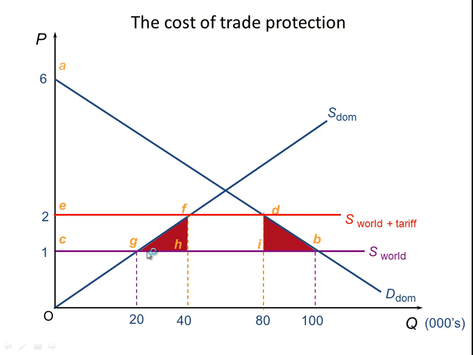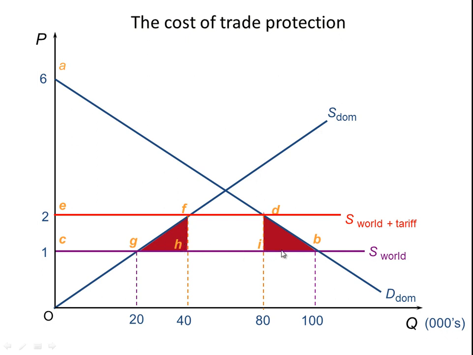We could get this particular product from overseas at £1 each, and we're paying more by allowing domestic suppliers to sell it, and they're protected by the tariff. So we can work out the value of that triangle. It's 20 times 1, but half of that because it's a triangle, so it's 10.